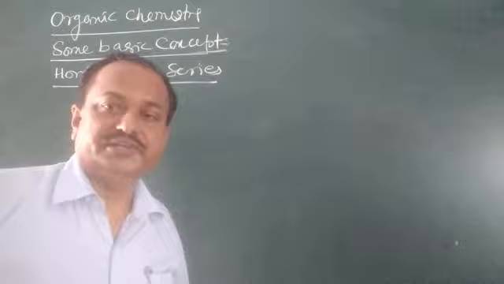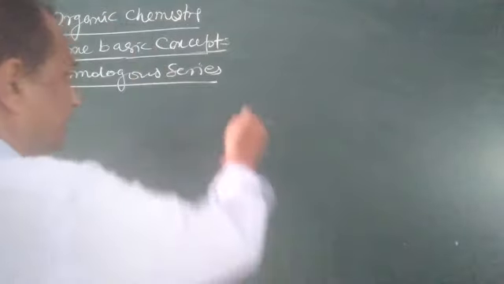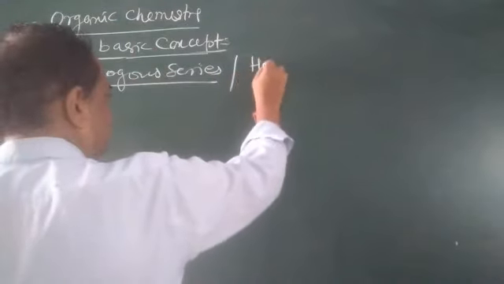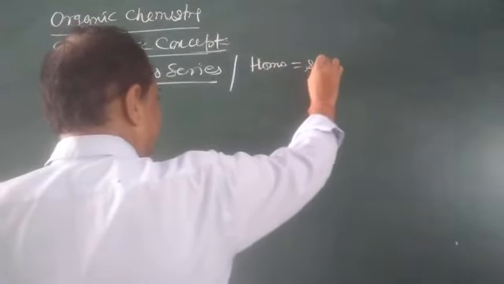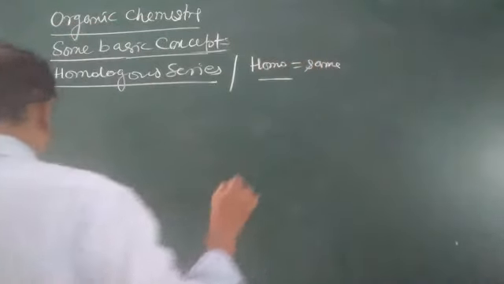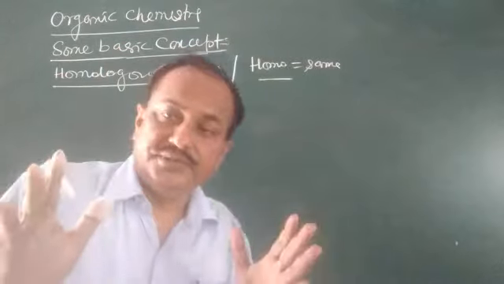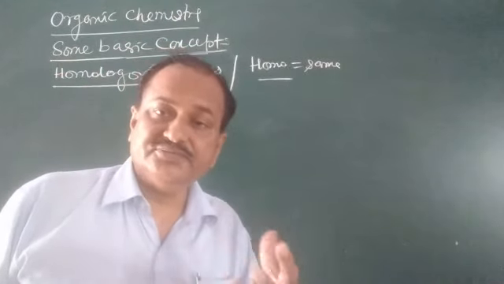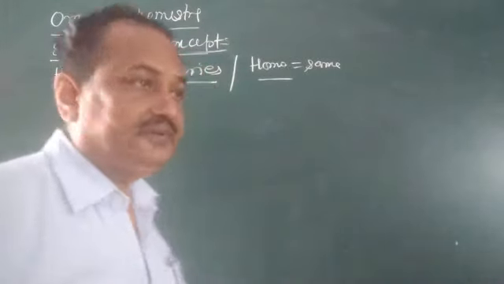Next is homologous series. Homo means same. It is made from Greek word, so homo means same. So homologous series means when the members of a particular family differ from each other by a definite margin.